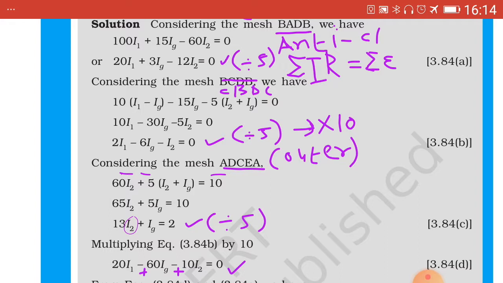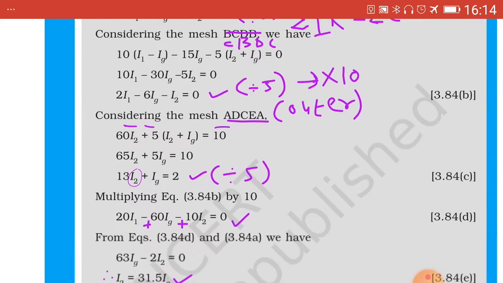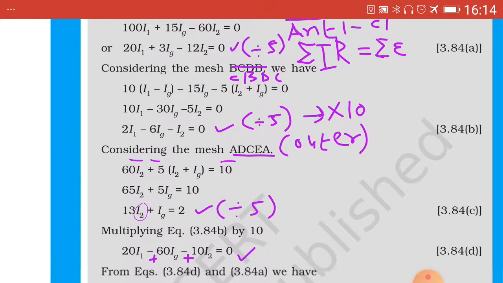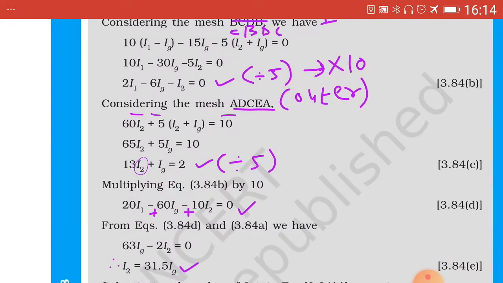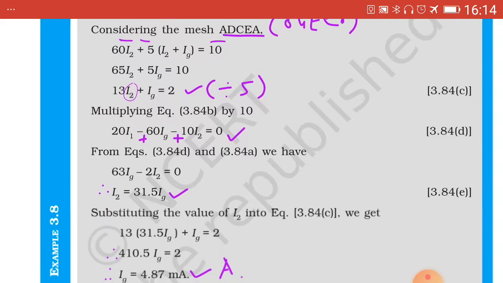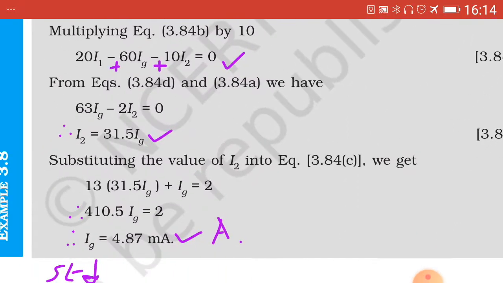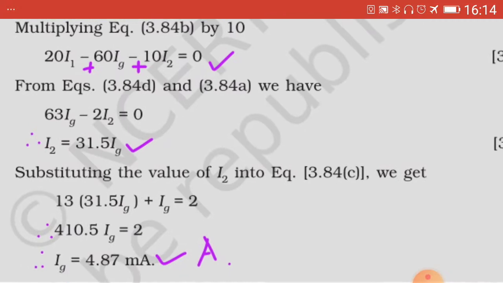So it will be 3 Ig plus 60 Ig, that is 63 Ig, and minus 12 I2 plus 10 I2, that is equal to minus 2 I2. So we have 63 Ig minus 2 I2 equal to 0. Therefore I2 will be equal to 63 Ig by 2, therefore I2 equal to 31.5 Ig, which has been tick marked.